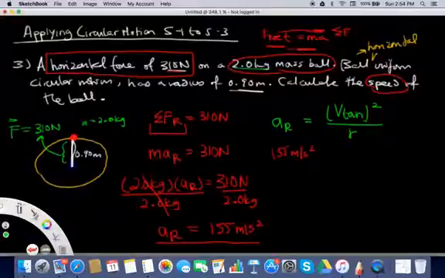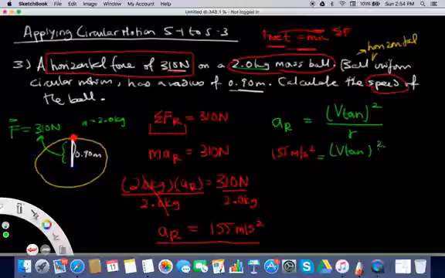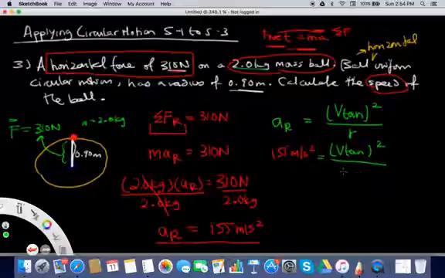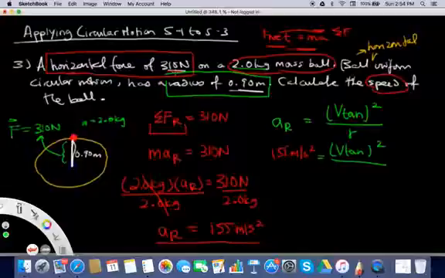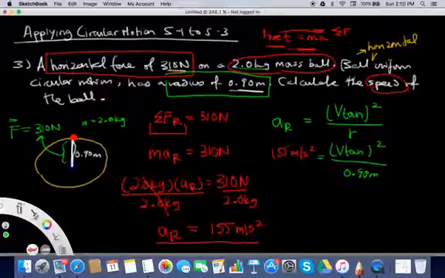And this should equal some sort of tangential velocity, which is essentially your speed, squared over a radius. Wait, did they even give us a radius? Let's see. Oh, right. Radius equals 0.90 meters. So let's plug that in.